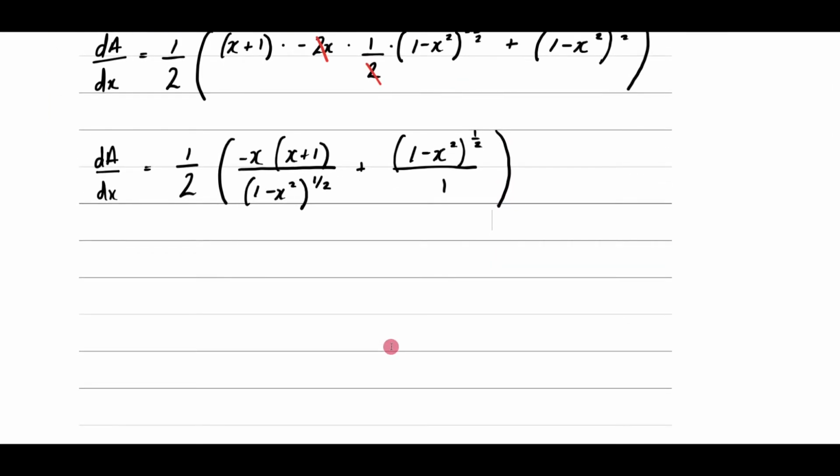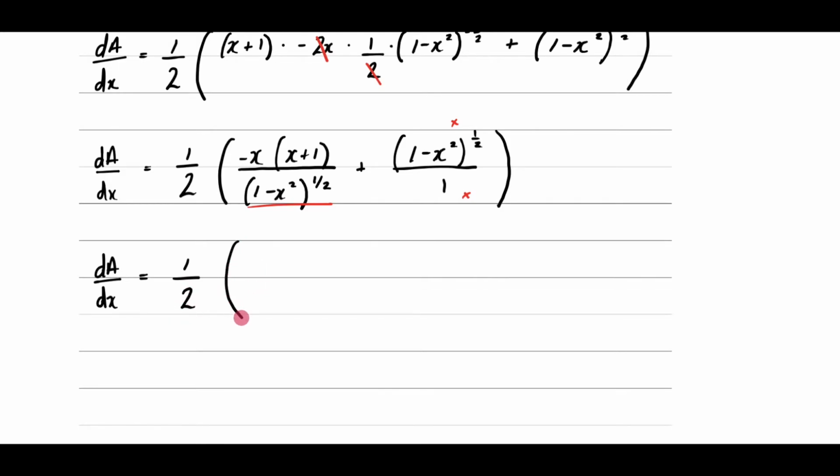What I next want to do is make these have the same denominator. In order to do that, I'm going to have to multiply this and this by this right here. So that means I still have a half here.